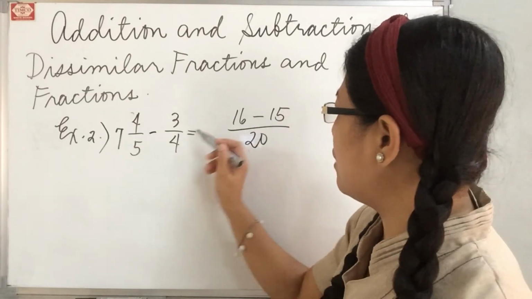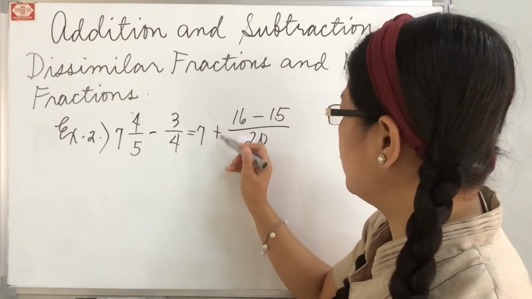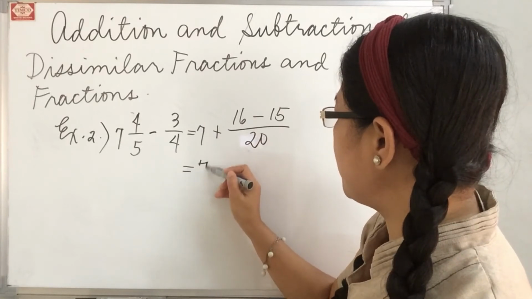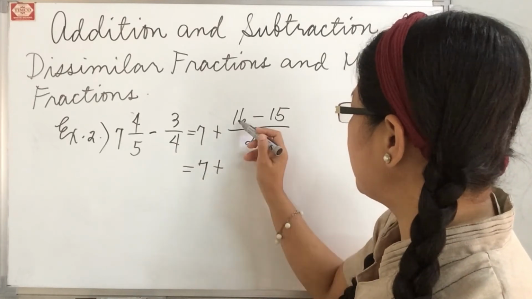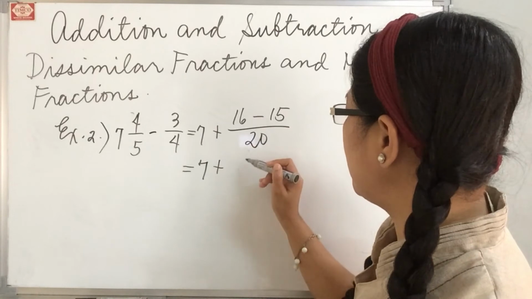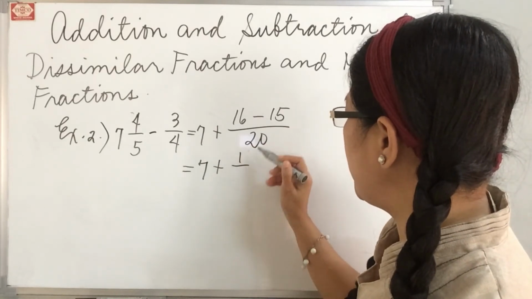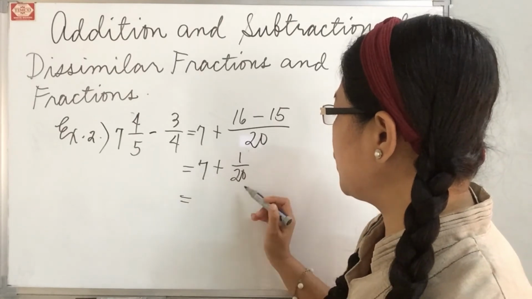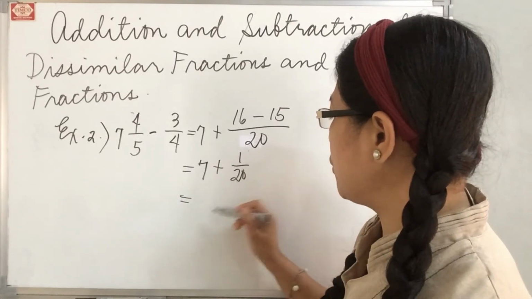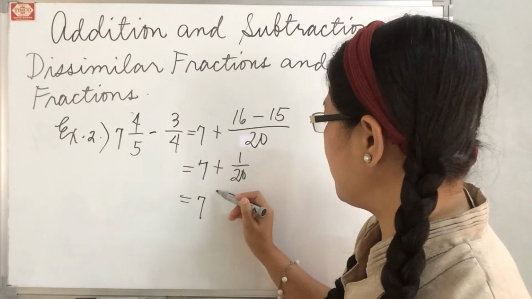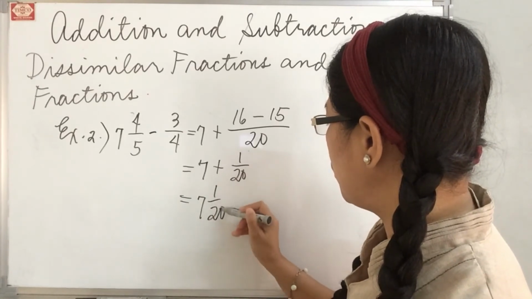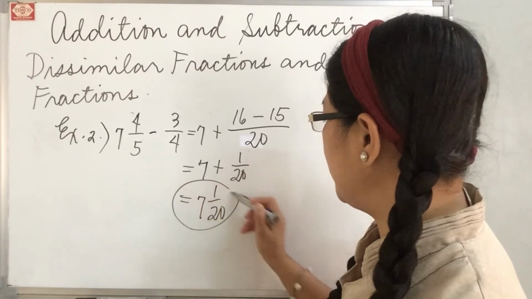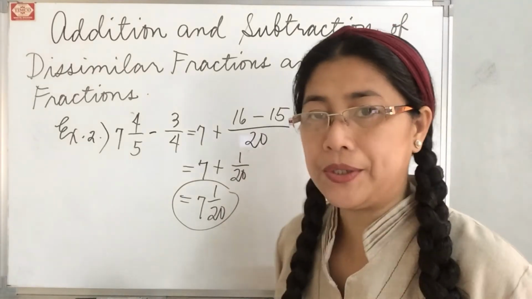And then let's add our whole number. Okay. So bring down 7 plus 16 minus 15, that is 1 over 20. And just put together whole number plus fraction. So put together, our answer is 7 and 1/20. So this is our final answer.